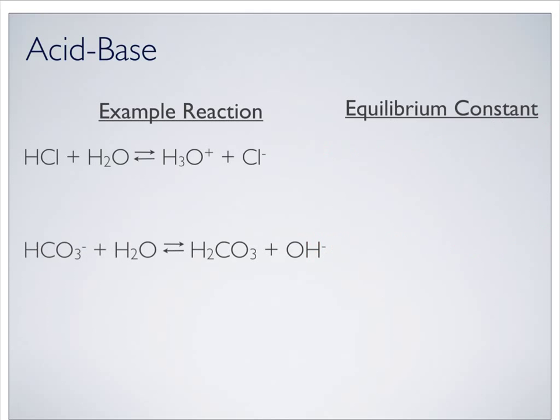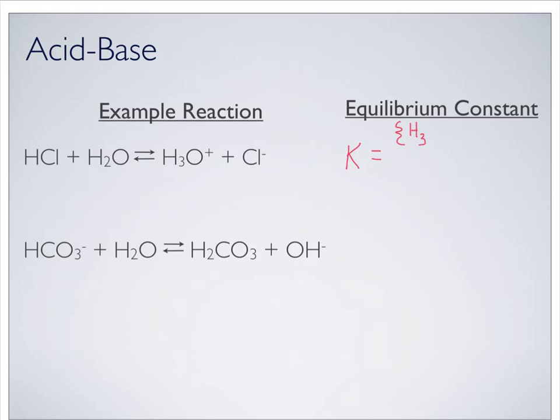So what we're going to do now is we're going to take those example reactions and we're going to convert them, and we're going to figure out what the form of the equilibrium constant is for that particular reaction. So our equilibrium constant for this first example reaction is going to be K. In this case, I'm going to write these in terms of the activity, so we'll use the braces.